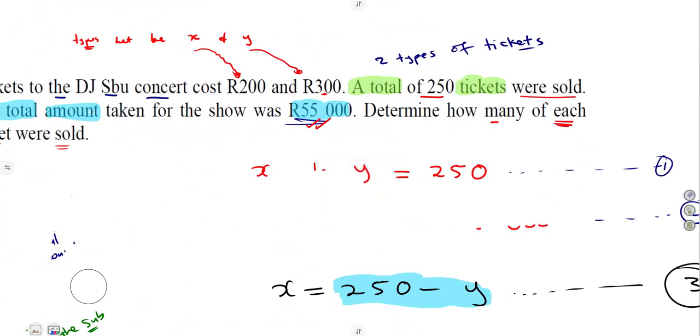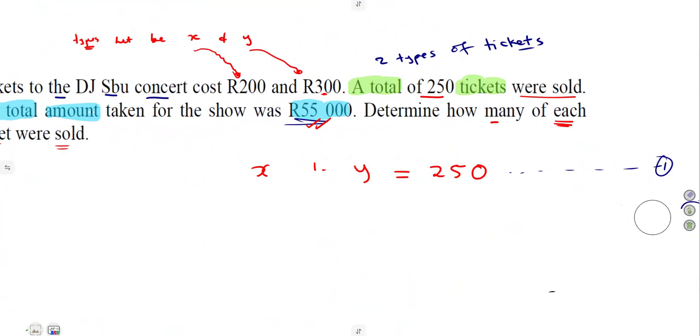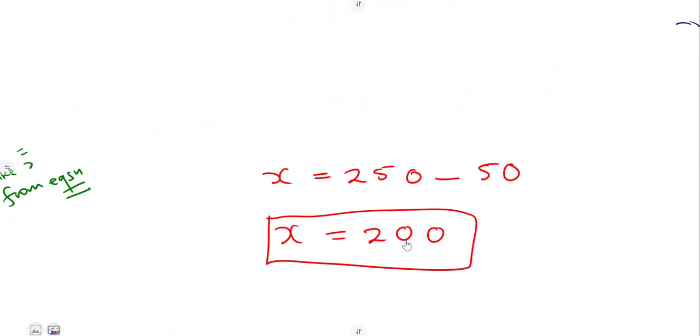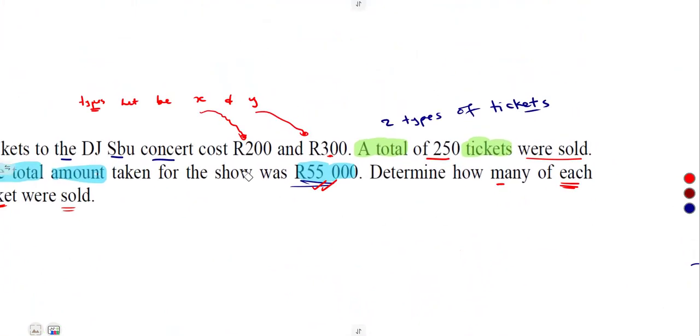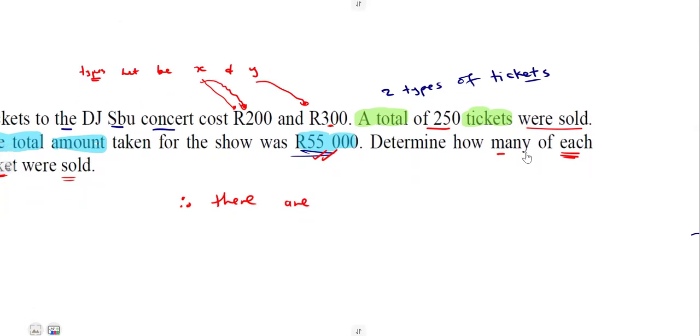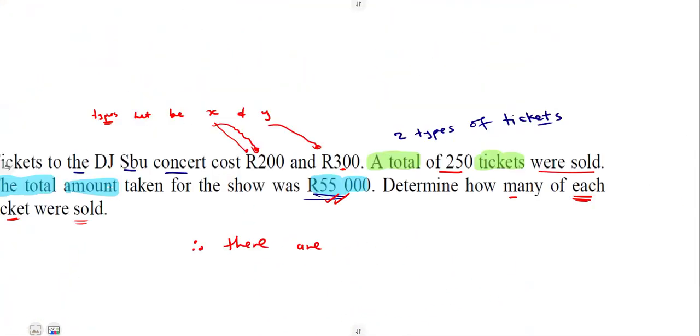So x is 200, which means there are 200 of the 200 rand tickets.